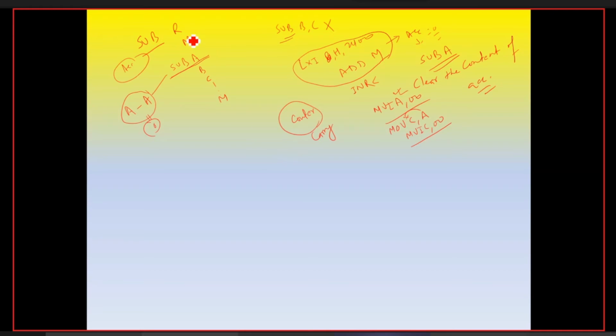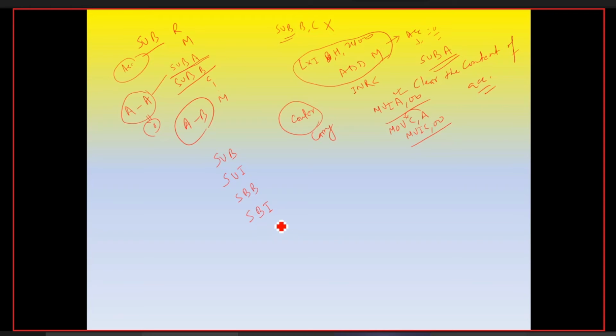Okay, this is SUB R or SUB M. The internal operation, if you are using SUB B, is A minus B. Then just like addition, we have SUB, SUI, SBB, SBI.